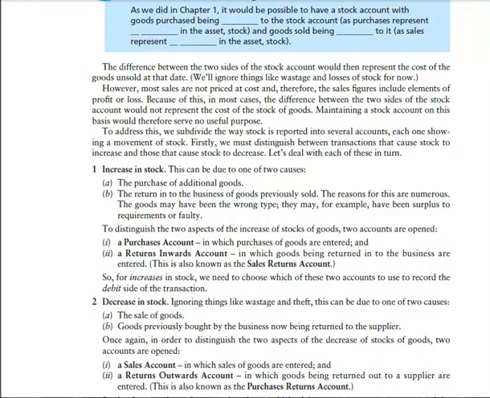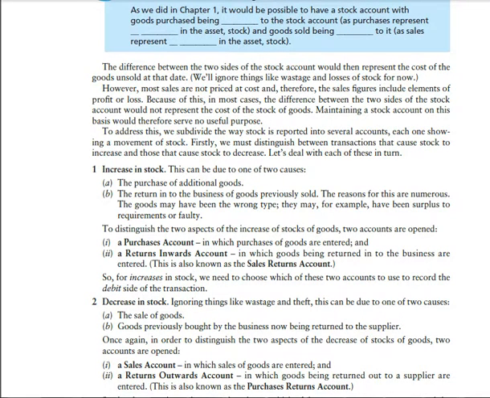One would be purchase of additional goods, and the other would be the return of goods which were previously sold by the business, which the customers returned either due to a change in their choice, or because there was a defect in the product.